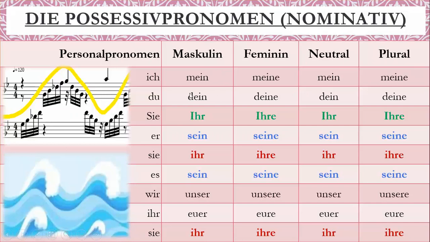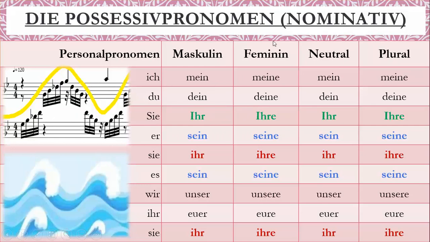So for the time being, these possessive pronouns are in the nominative case. You can remember the order of these possessive pronouns by imagining that they go up and down like a sea wave or like a song melody.